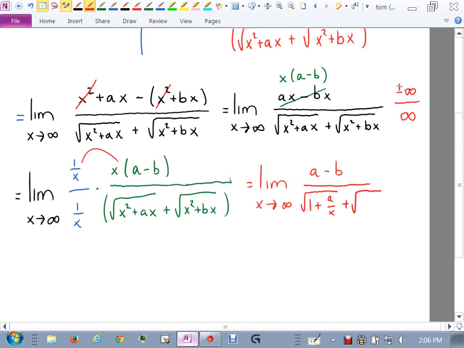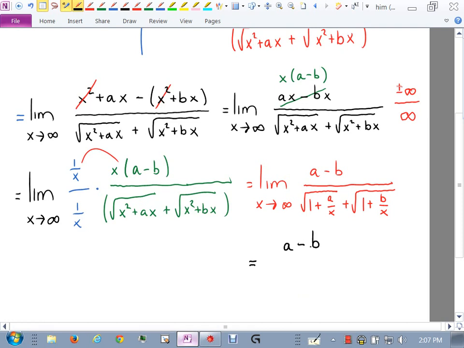Yes? And then we have still down there plus. Now what about the other root? Because the other root gets to play too. That 1 over x goes into that root also. 1 plus b over x. Good. Questions? Now, let x go to infinity. Any effect on the top?